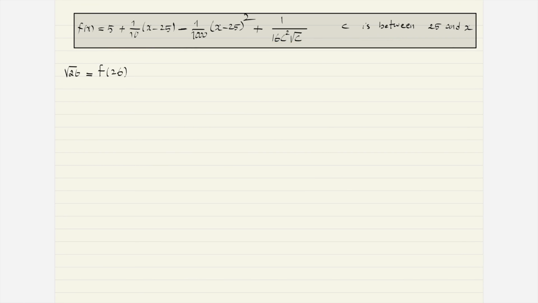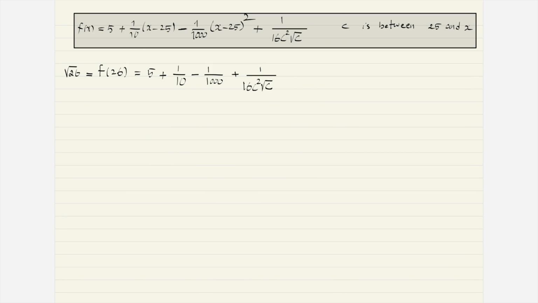So what happens? It becomes equal to 5 plus, if I put 26 here, it becomes 1 over 10 minus, the other one is 1 to power 2, but I would have minus 1 over 1000. And then plus the error term, 1 over 16 c squared square root of c.